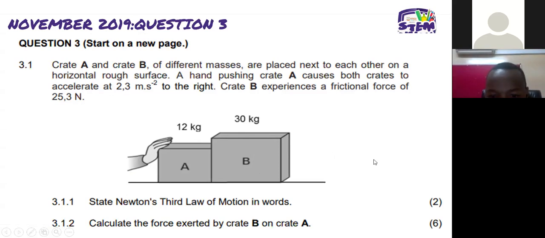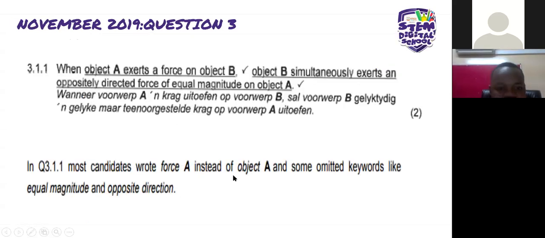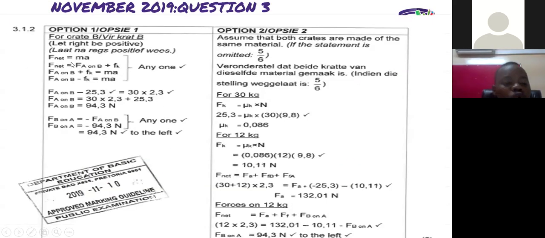So only the horizontal forces on B are responsible for the acceleration of this object. Hence, for the net force, we include only the forces acting horizontally. Then we have that F net is equal to MA. So where I see F net, it will be the force of A on B plus the kinetic friction. These are the horizontal forces on B, and it's equal to MA.